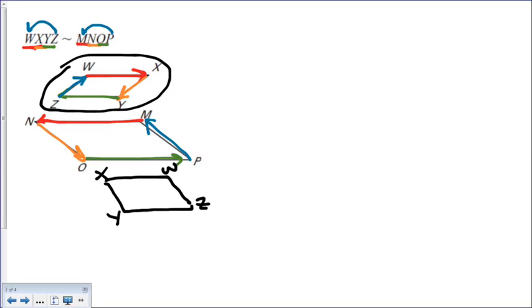So I can write these statements because of that. I know that the red line, WX, is proportional to the other red line, MN. The orange line, XY, is proportional to NO. The green line, YZ, is proportional to OP.